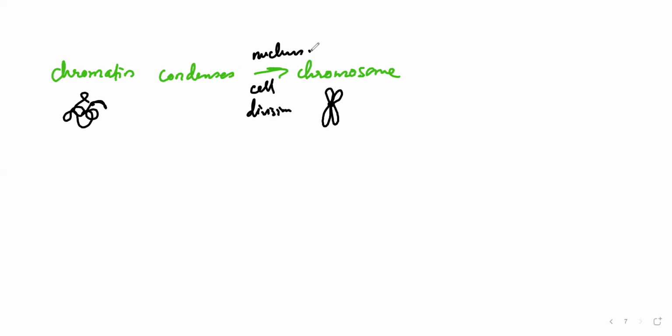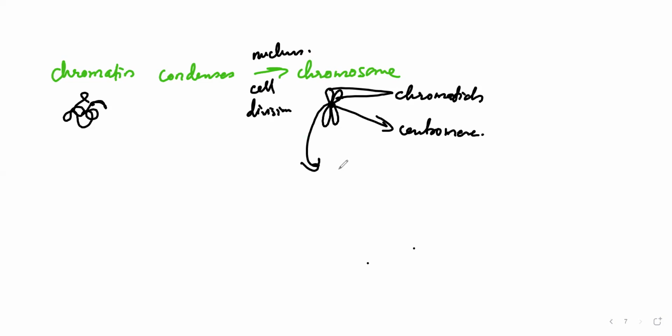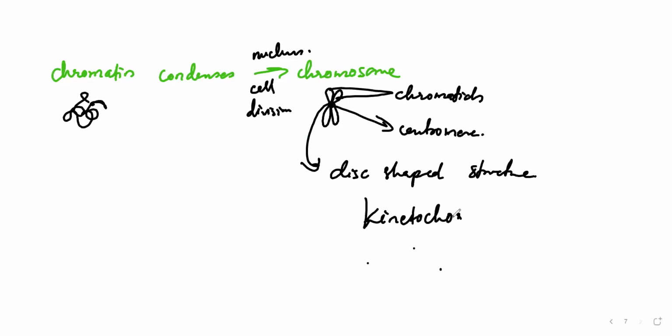Okay, so if you see the structure of the chromosome, each chromosome will be having what? Two chromatids. And these are attached to something called a centromere. Later on, the centromere gets converted into a disc-shaped structure called the kinetochore.